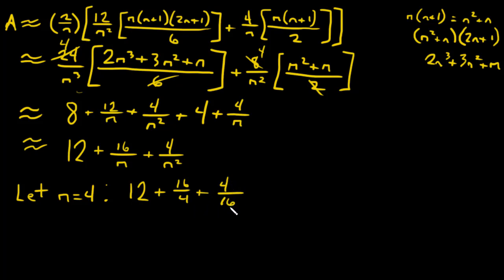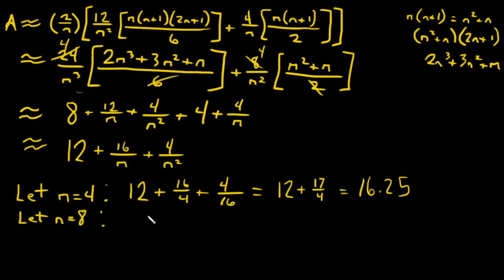So this is going to be 1/4 plus 16/4, which is 17/4. So this is 12 plus 17/4, which goes in 4 times and 1/4. So that's going to equal 16 and 1/4. So 16.25.